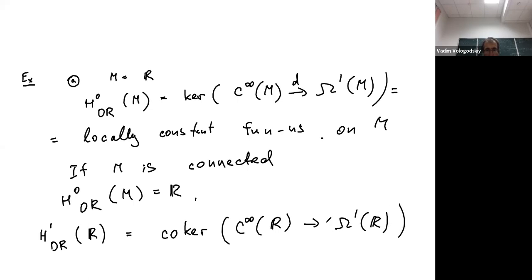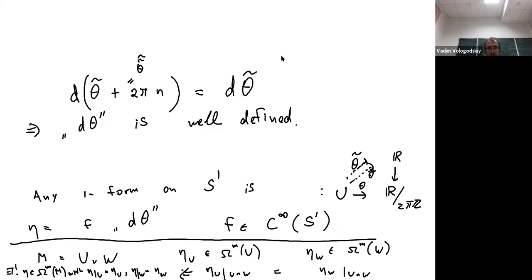And this map takes a function f to f prime dx. It's well known that this map is surjective because for any function there exists a primitive. So the cokernel is 0. So in the case when my manifold is R, the de Rham homology in degree 0 is just R, and the de Rham homology in degree 1 is 0. Let's consider the case when M is R2.